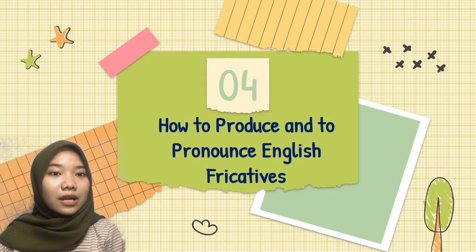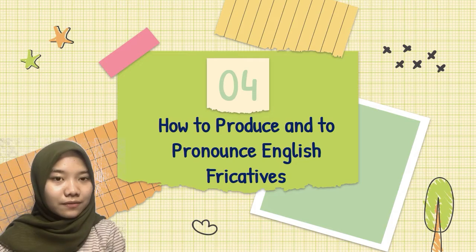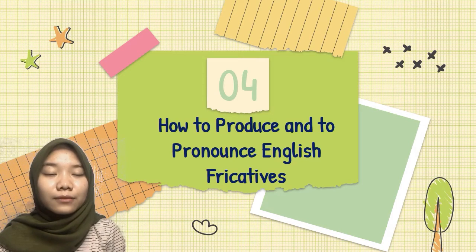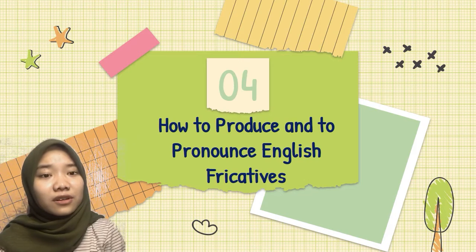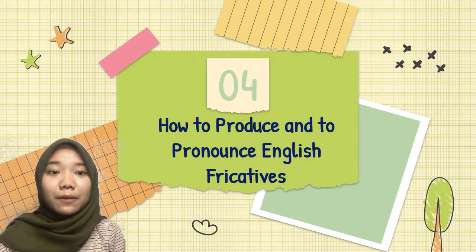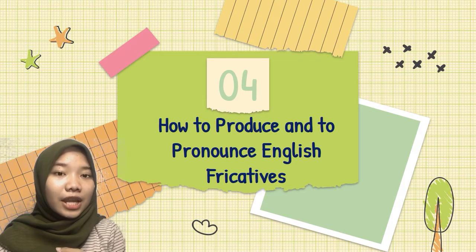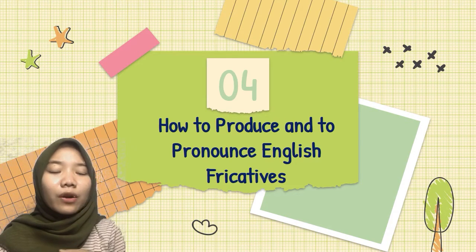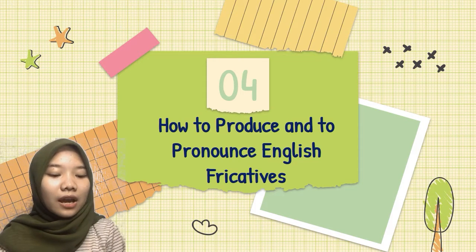Okay, the next material is how to produce and to pronounce English fricatives. One way to overcome students' difficulty in pronouncing English fricatives is minimal pairs. When two different forms are identical in every way except for one segment that occurs in the same place in the string, the two words are called minimal pairs.